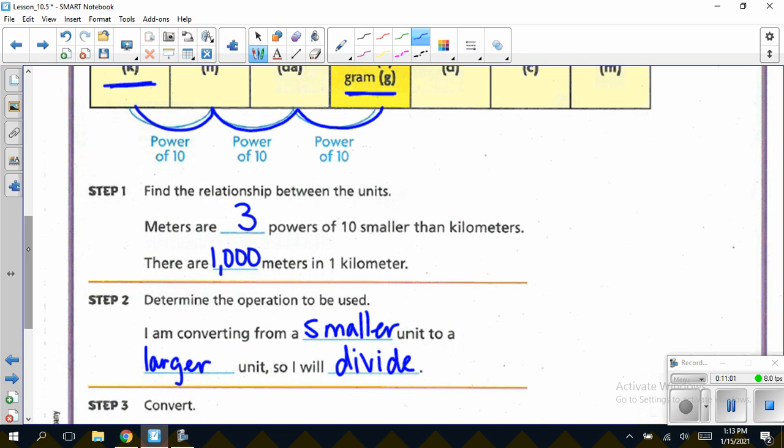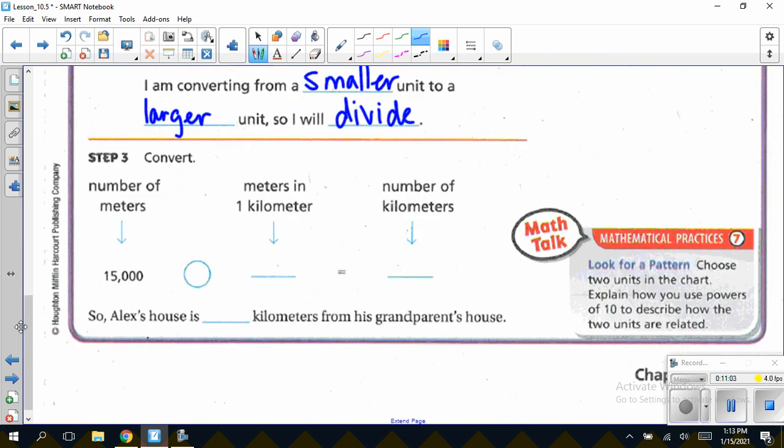And next I can go ahead and do my conversion. So I know that I'm dividing. I know because it took 3 swoops to go from a meter to a kilometer, it was dividing by 1,000. So when I actually divide this, remember back from chapter 5, if there is no decimal to swoop from, you always start from the end of the number.